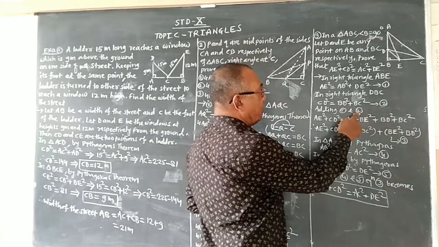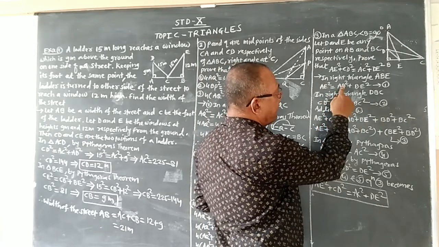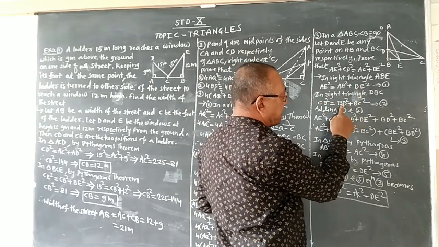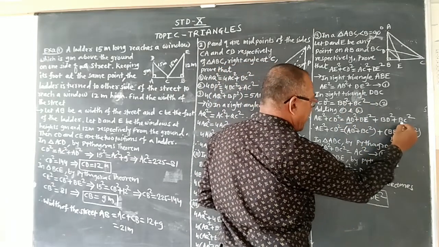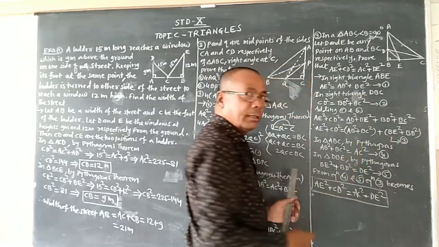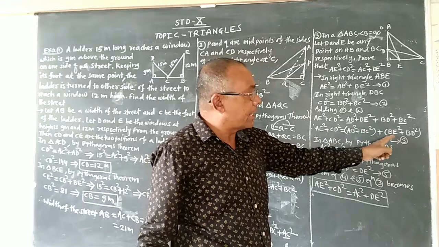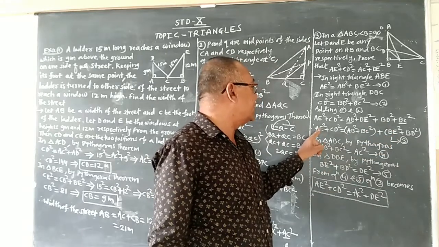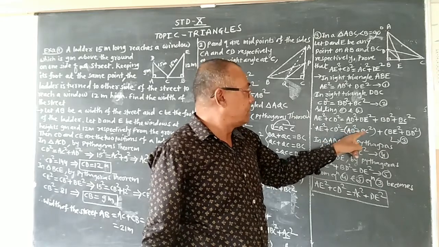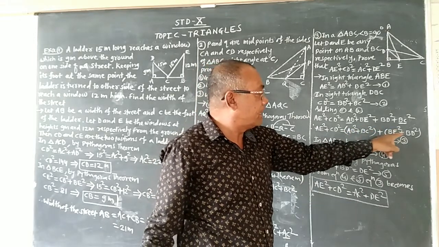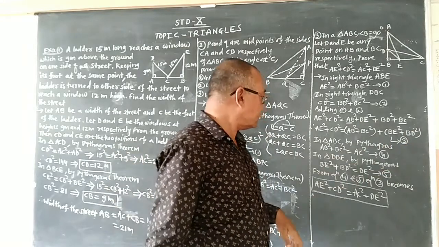Adding equation 1 and 2, we will get AE square plus CD square is equal to AB square plus BE square plus DB square plus BC square. Here AB square and BC square are taken together into a bracket, and BE square and BD square are taken together. So we will get AE square plus CD square is equal to AB square plus BC square plus BE square plus BD square. That is equation number 3.